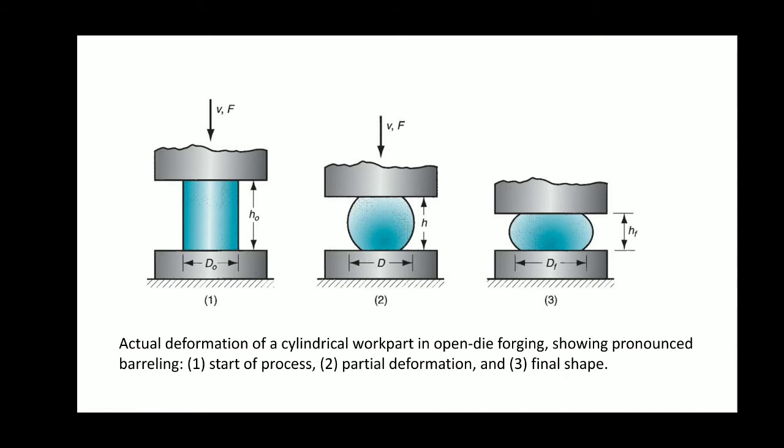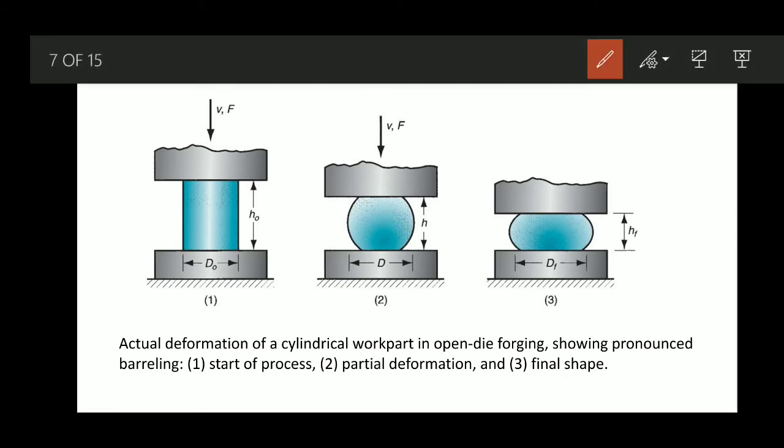Okay, similarly in this particular figure you can see what we have previously discussed. That means during the course of action of open die forging, we get a barreling action. There are three successive figures being shown. The figure shows the actual deformation of a cylindrical work part in open die forging, and you can see very easily the barreling action. This figure shows the initial start of the process, when we have the workpiece here, and both the dies are here.